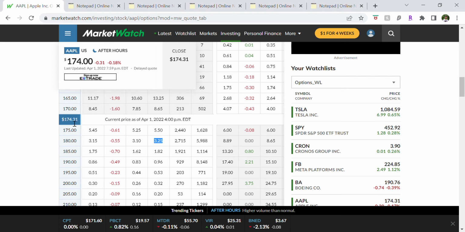Now in the coming weeks, suppose Tesla falls to 170, falls by 4.3 dollars. Both these strikes will reduce. So at 3.25, because the stock fell by $4, this might go to 2.00, and the 185 call might go to 1.00.